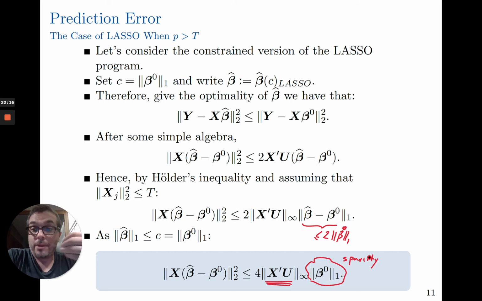The problem is that to do this, we have to compute this infinity norm here. There are many ways to handle this problem, and if you look at different books, they can give you different solutions. Bear in mind that we are in this setup where we are working with the constrained version.